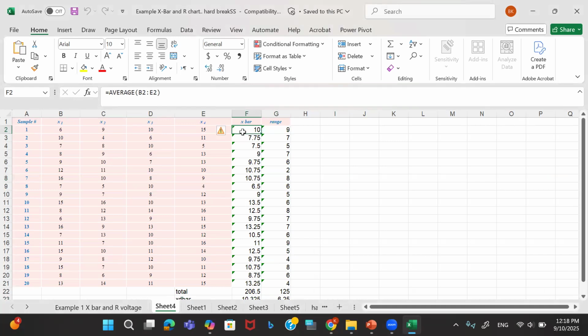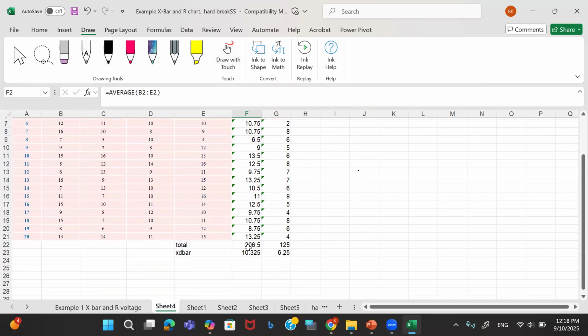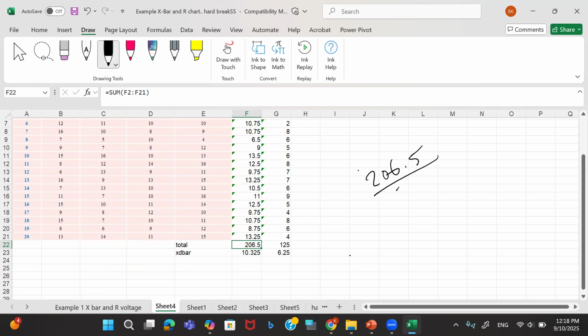Usually I do it in Excel because it's faster. So I found the average for each. This is the average for this row. I find the average for each row, and at the end, the total is 206.5. So since the total is 206.5, divided by 20, this will give me how much?